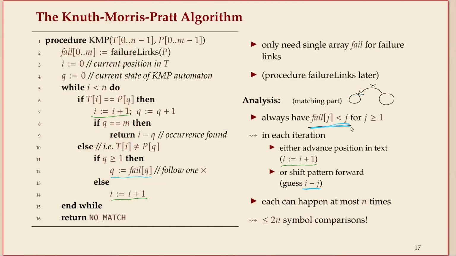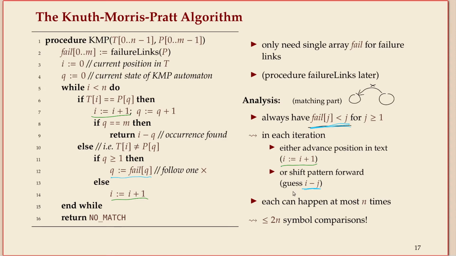Now, each of these cases can only happen at most n times because there's only n positions in the text, so we can only advance the text n times. And this also advances in the text, but with the pattern. And the pattern can also only advance in the text n times.